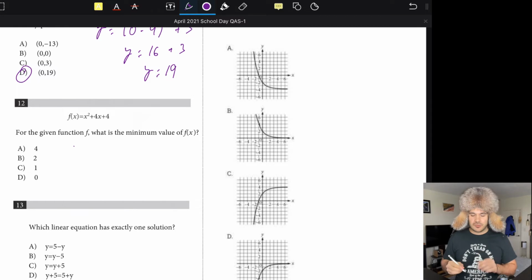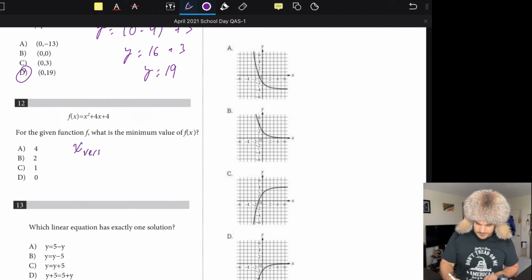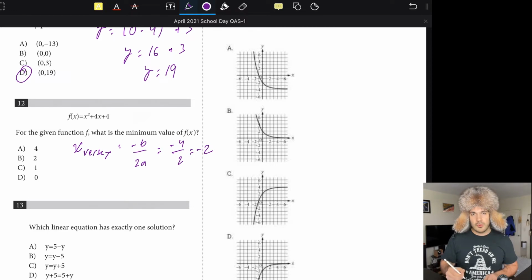The way to get the x-coordinate of the vertex is, let's say x vertex, negative b over 2a. So this is going to be negative 4 over 2, which is negative 2. And the way you get the y-coordinate is you plug that x-coordinate back into the original equation.